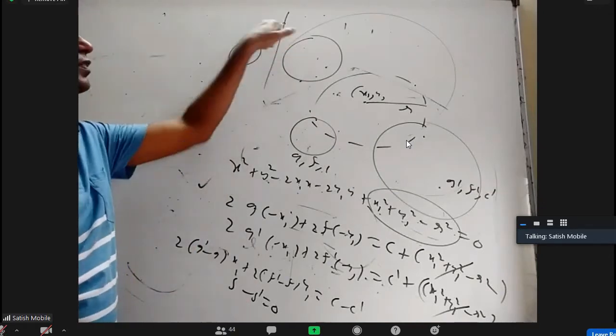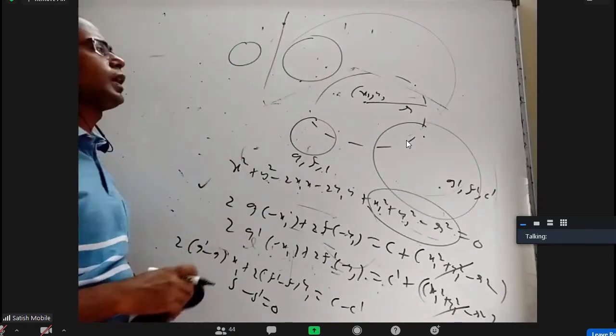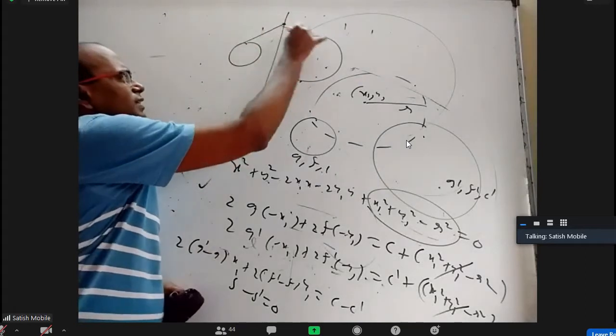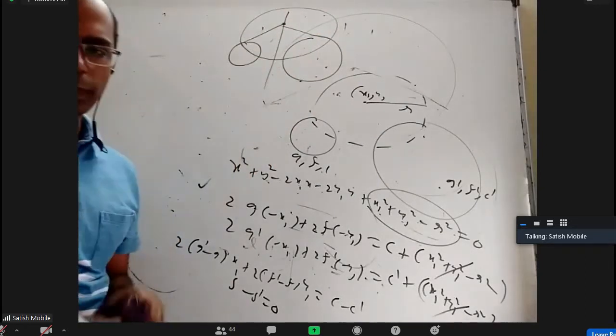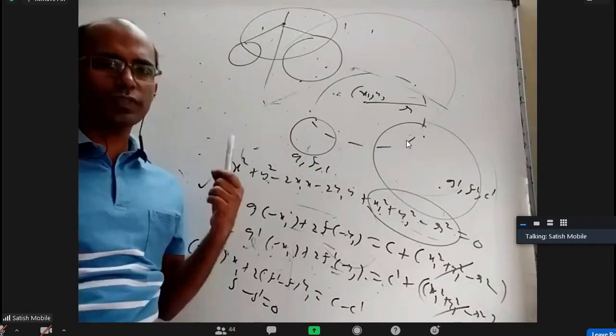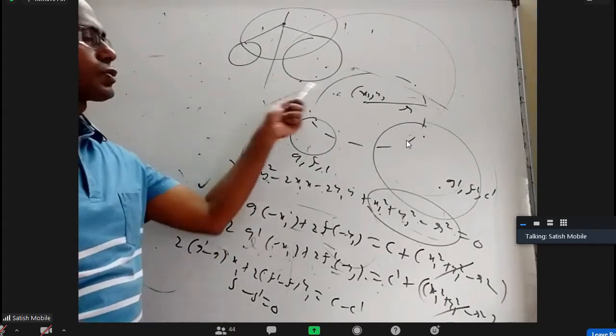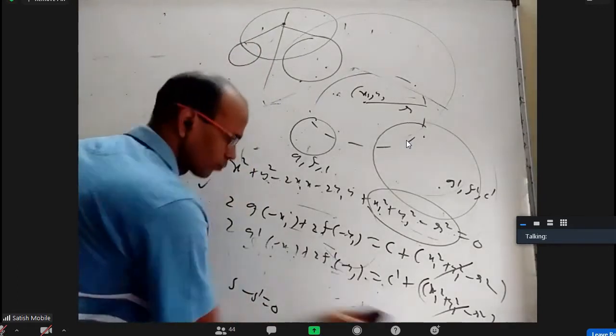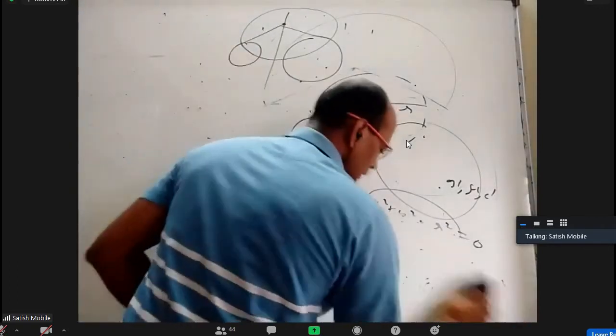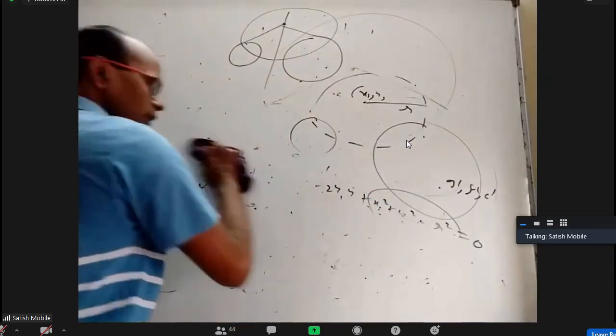The power of that point with respect to this circle and this circle are equal. And not only that, if you take that length of tangent as the radius and draw a circle, that will intersect these two orthogonally. So the locus of the center of a circle which is intersecting these two orthogonally is the radical axis itself. Now that can save a lot of time for us in some questions.